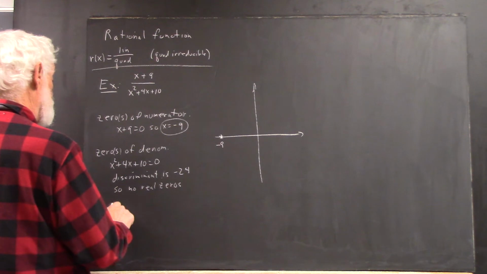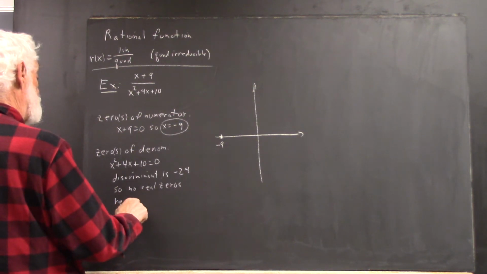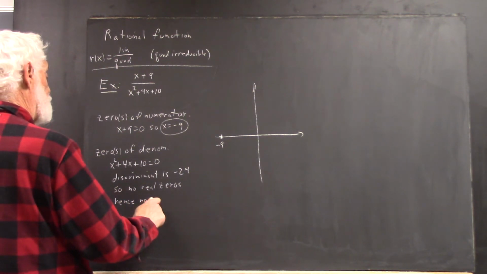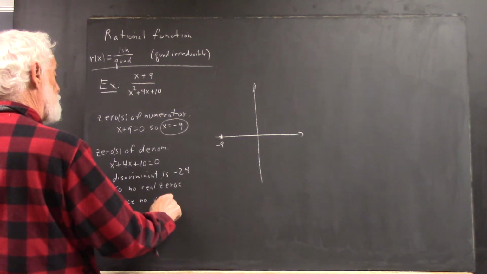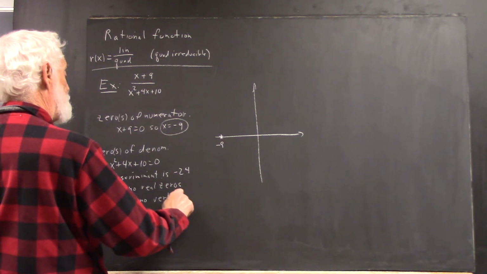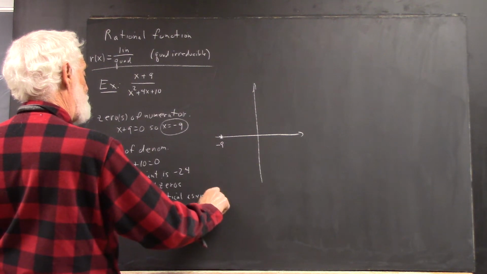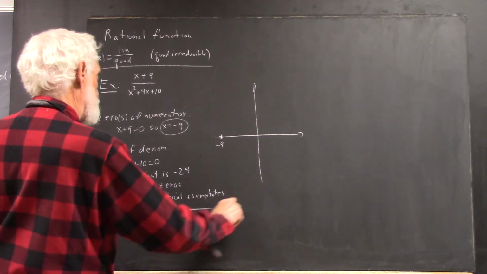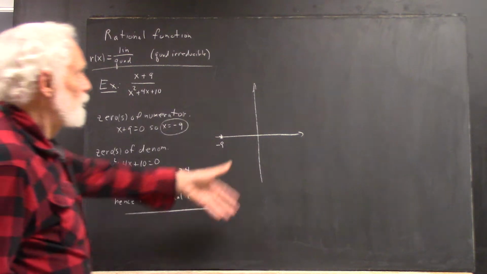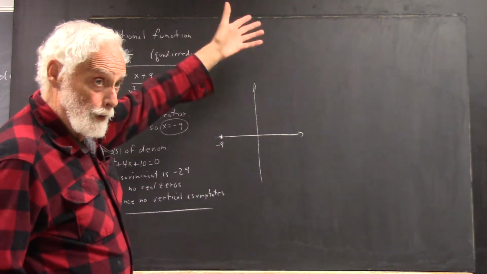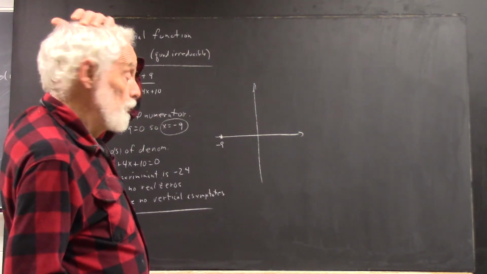No real zeros, hence no vertical asymptotes. Meaning we don't have to draw any of those vertical dotted lines that indicate vertical asymptotes.